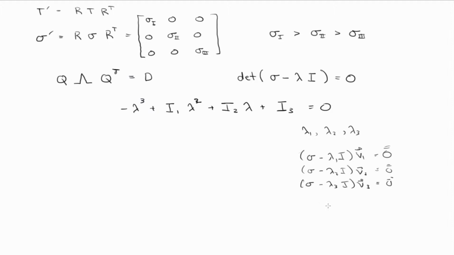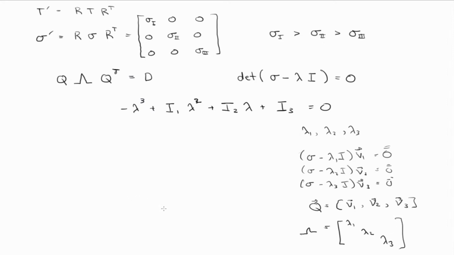So then if I take Q equal to v1, v2, v3, then in that case lambda would be equal to this.